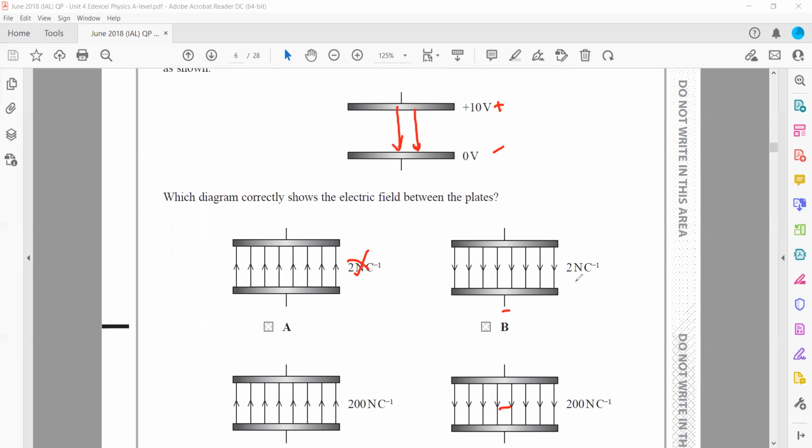Then we check the force per unit charge. What is the formula for force per unit charge?